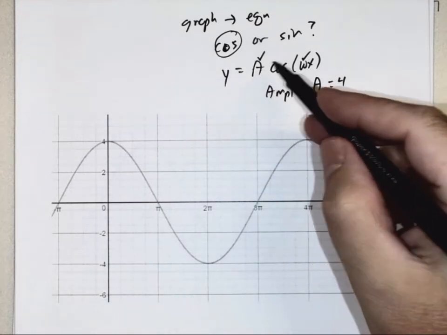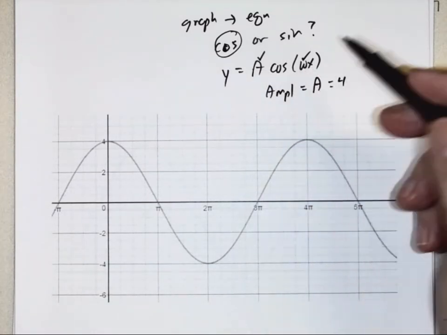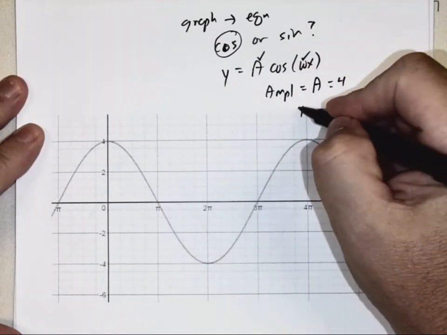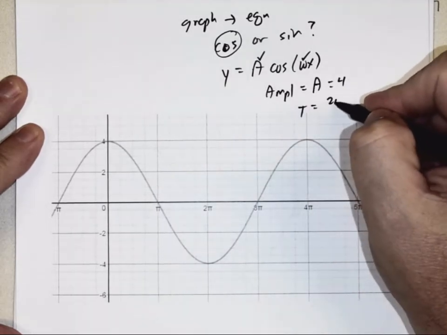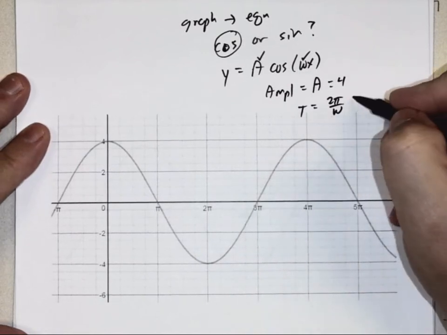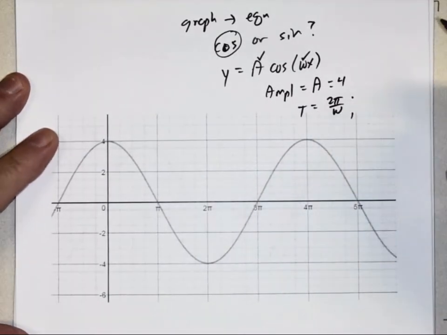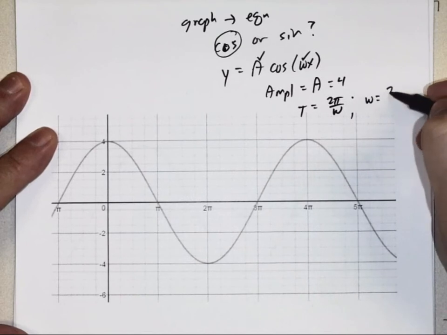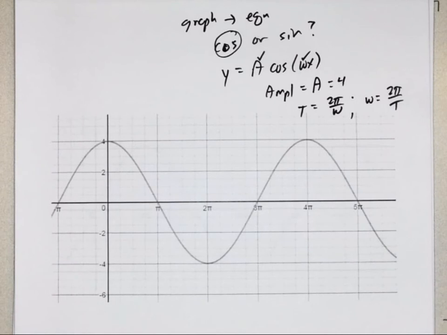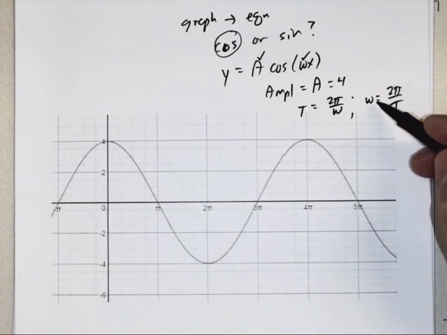So I know A. Now if I can figure out omega, then I'll have the equation. How do we find omega? Well, we have this equation for the period, which is 2 pi over omega. If I solve for omega, I can say omega is 2 pi over T, where T is the period. So if I can plug in my period, I can calculate omega.